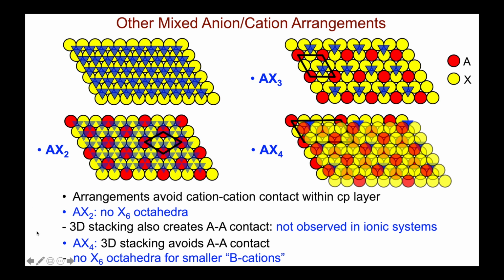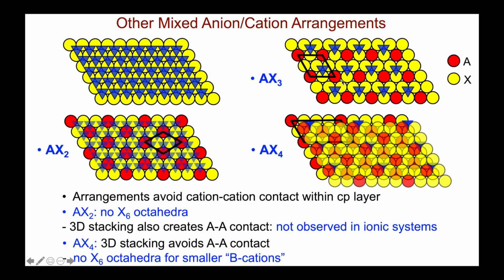And so the 3D stacking, if it's going to avoid reds being nearest neighbors, it simultaneously eliminates the possibility of having any octahedra where the smaller cations would be exclusively surrounded by anions.